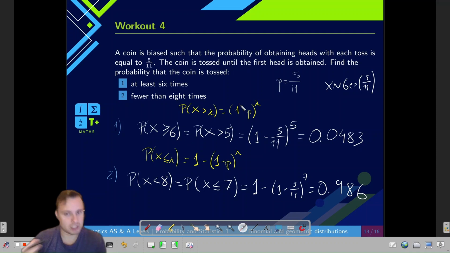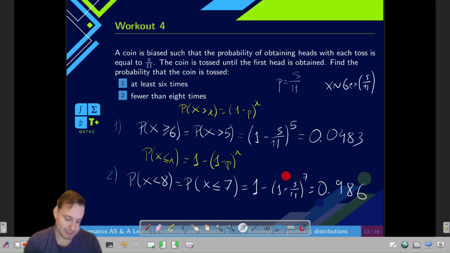Again, let's try to understand this so that it's not just applying formulas, because these formulas are not given to you. So you need to either memorize them or understand them. How can you understand this? Well, the probability that I tossed my coin less than 8 times means that I got a success in any of my first 7 trials. And getting a success on any of my first 7 trials is the contrary of getting a failure on my first 7 trials.